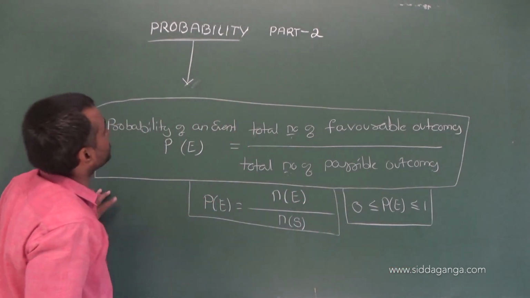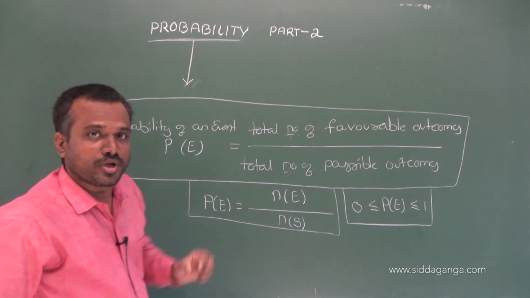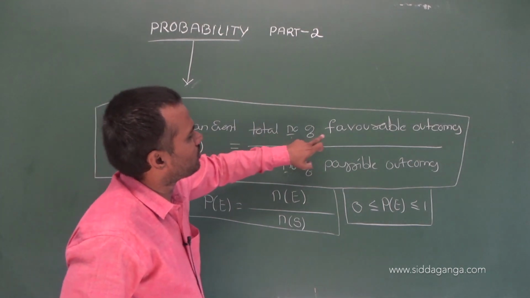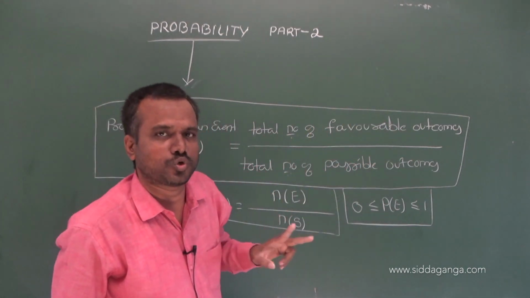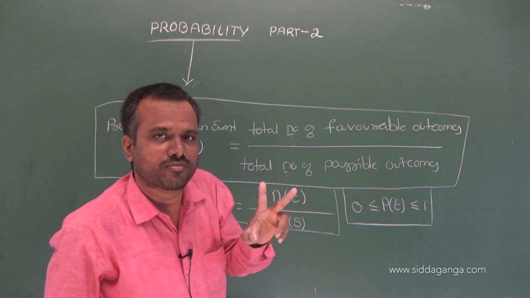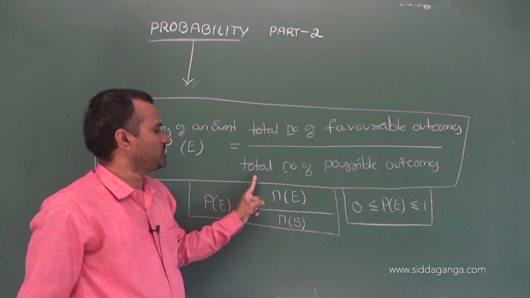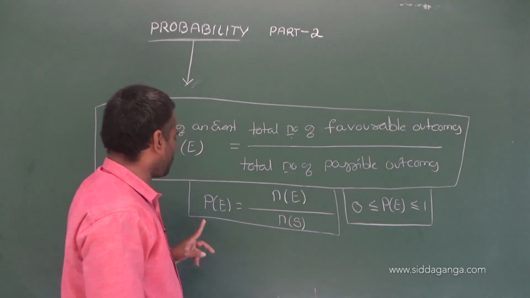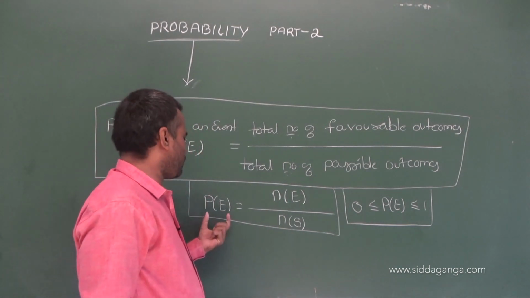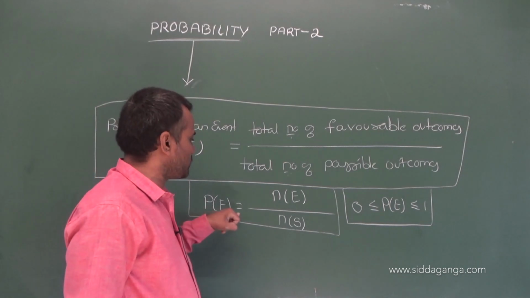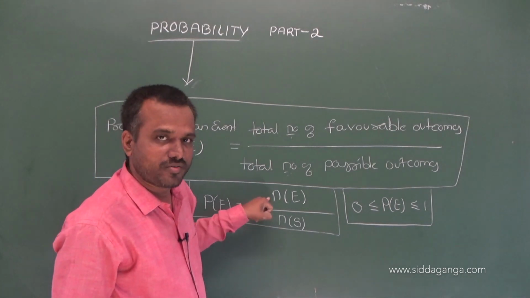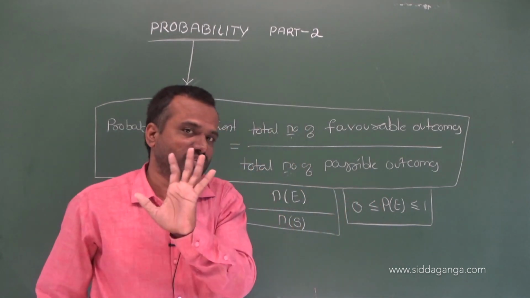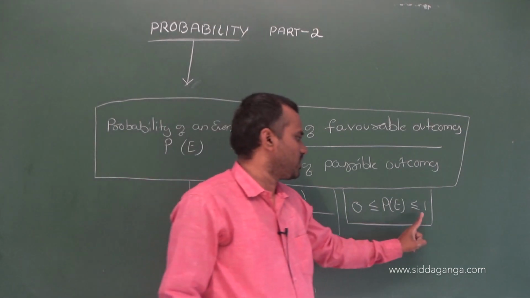This is the definition of probability. The probability of an event is equal to the total number of favorable outcomes divided by the total number of possible outcomes. In a simple manner, P of E, the probability of an event E, is equal to N of E divided by N of S, and P of E is always greater than or equal to 0 and less than or equal to 1.